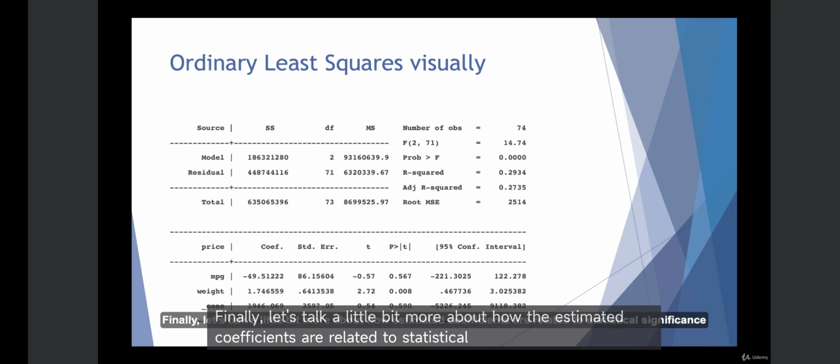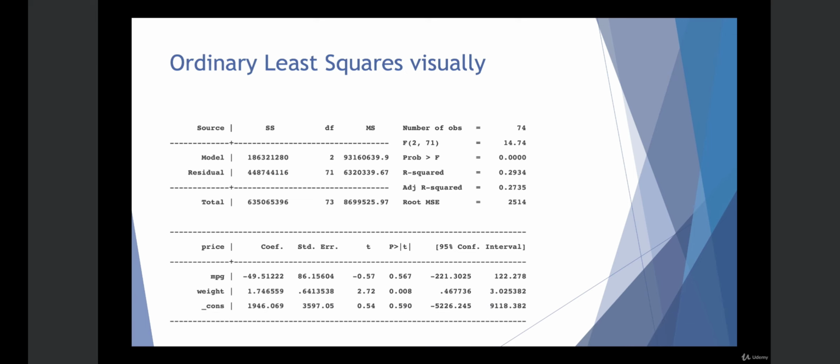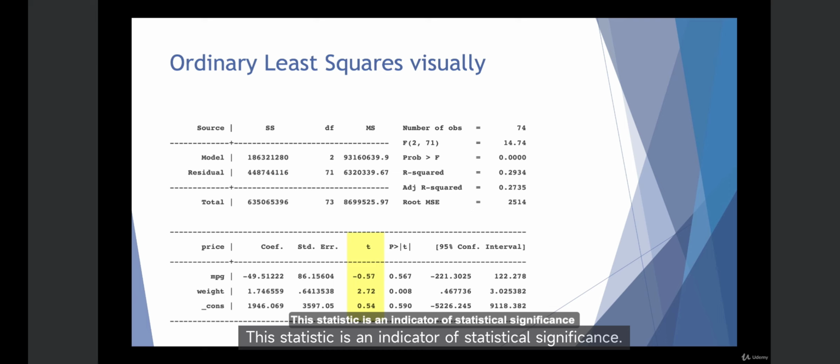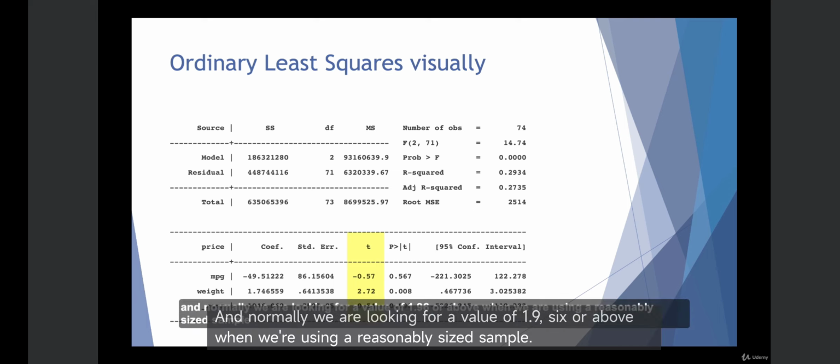Finally, let's talk a little bit more about how the estimated coefficients are related to statistical significance. Let's begin with the t-statistic. This statistic is an indicator of statistical significance, and normally we are looking for a value of 1.96 or above when we're using a reasonably sized sample.